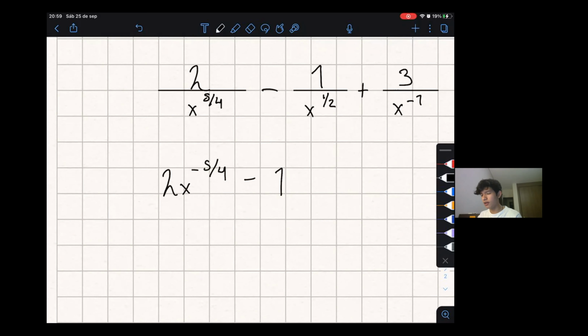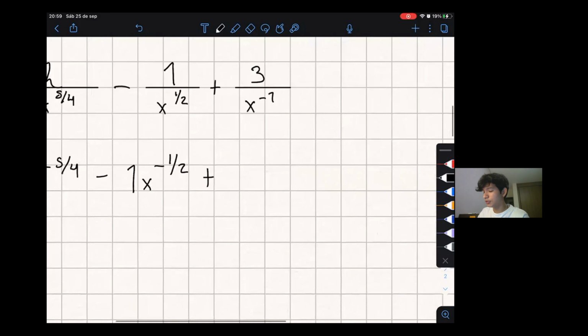We do the same with the 1 over x raised to the 1 over 2, which is equal to x raised to the minus 1 over 2, plus 3x raised to the 1. Why? Because the negative exponent in this case, which is 1, is in the denominator. So when we change to the numerator, the exponent becomes positive, so it is converting to 3x basically.